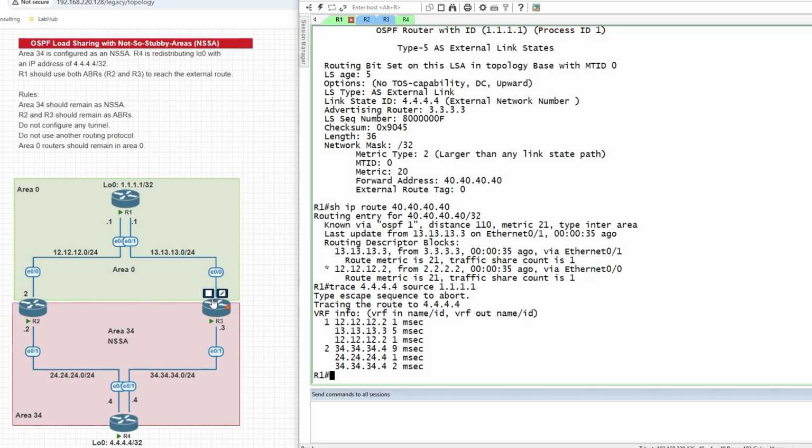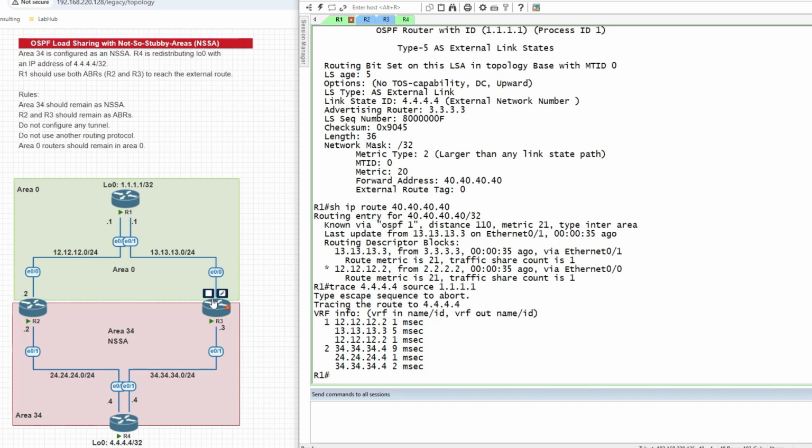Put in a different way, the fact that an ASBR originates an external network does not necessarily mean that we should go through that ASBR in reaching that external network if there is a better path to reach that external network. We achieve this by using the forwarding address.